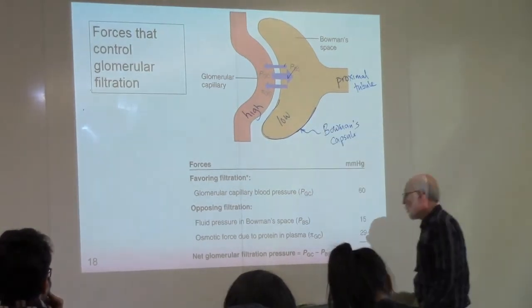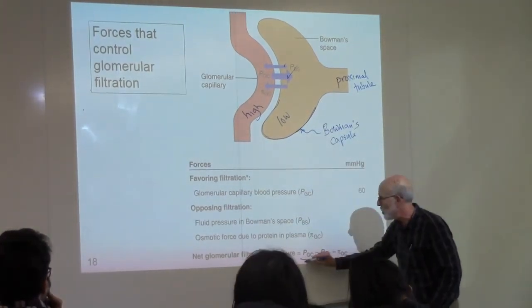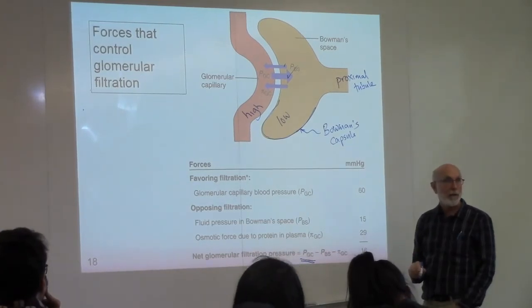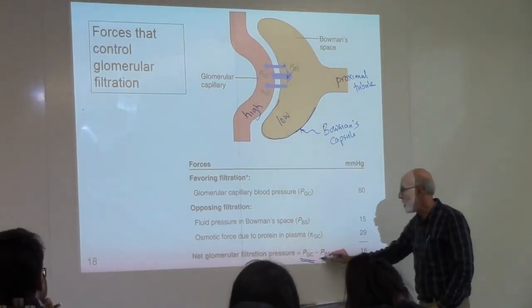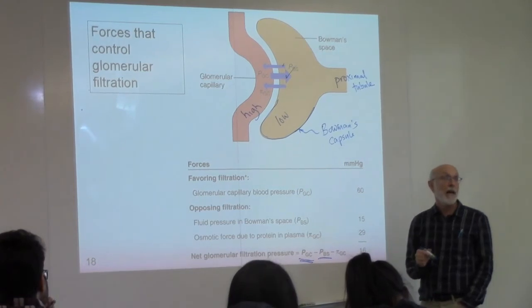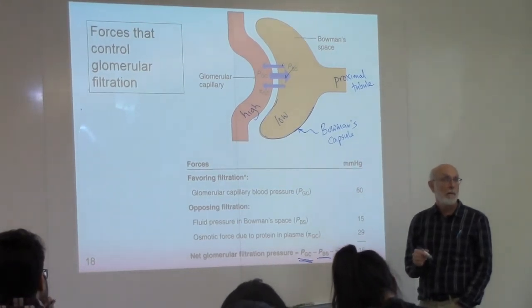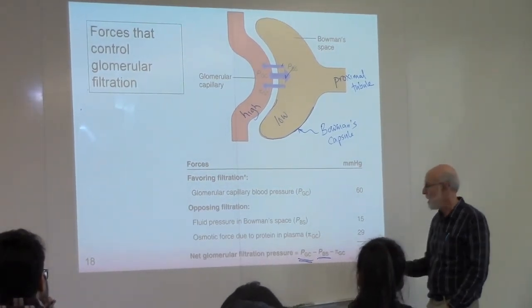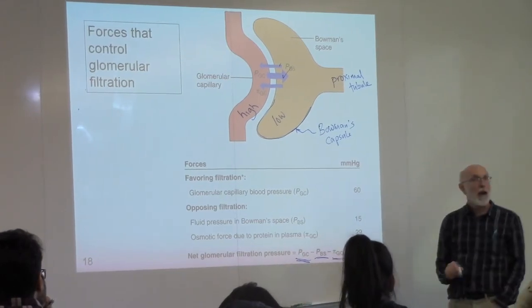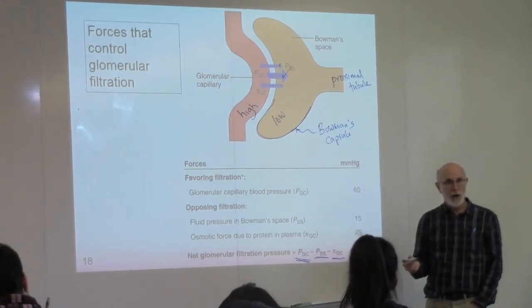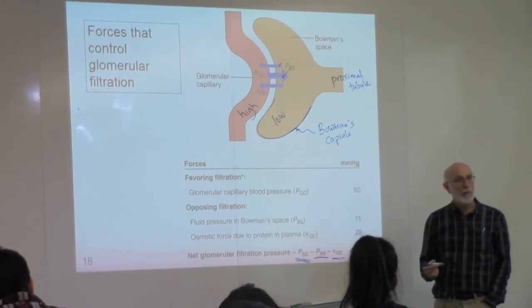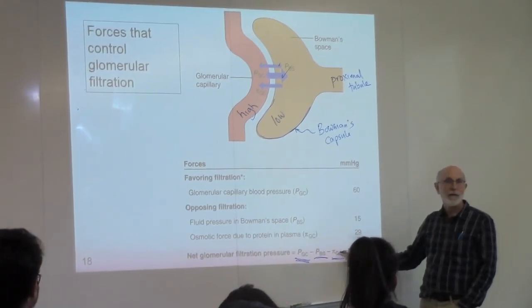But to do it right, we have to take the hydrostatic pressure in the glomerular capillaries, subtract from it the counteracting hydrostatic pressure from the Bowman space, and then subtract from it the osmotic pressure generated by albumin in the glomerular capillaries.